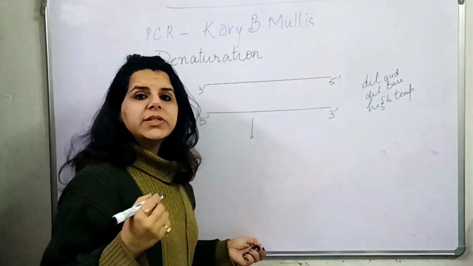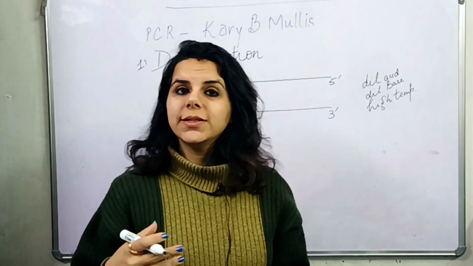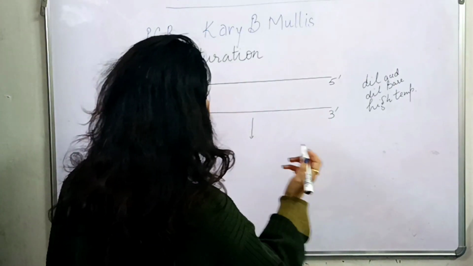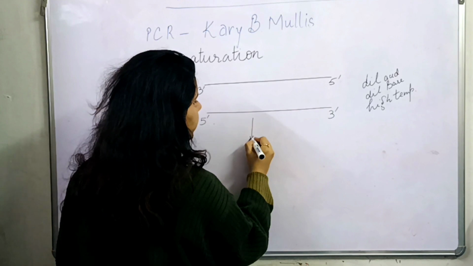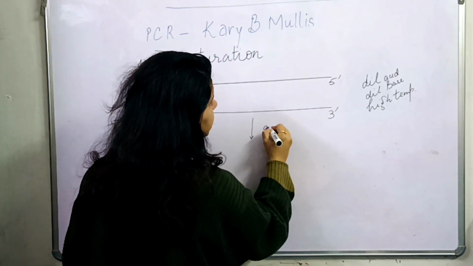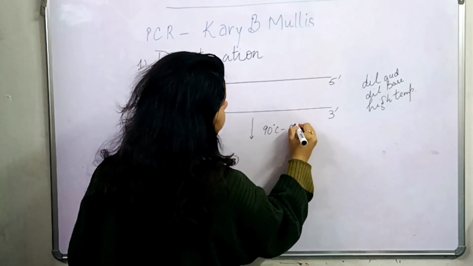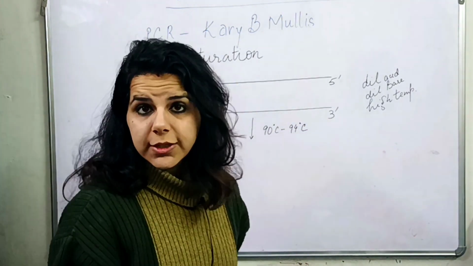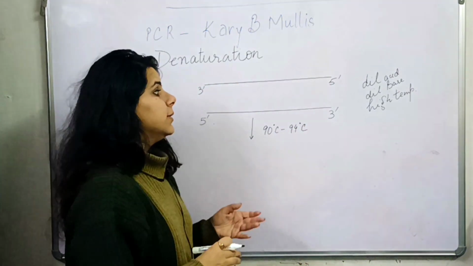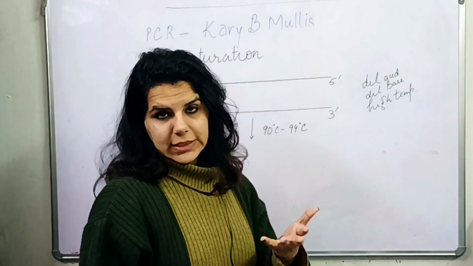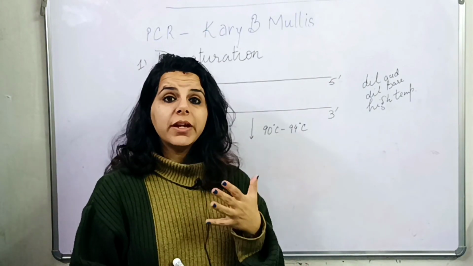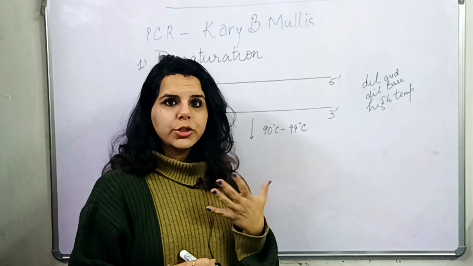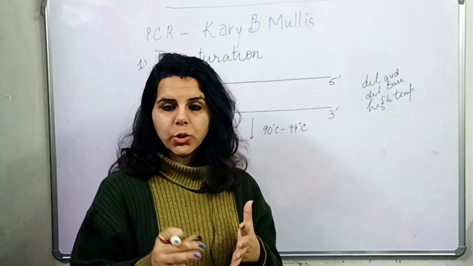Mostly the treatment of choice is high temperature. So I am going to employ a temperature between 90 degrees Celsius and 94 degrees Celsius. Preferably I am going to use 92 degrees Celsius, but the application of this temperature should be for a very short duration.